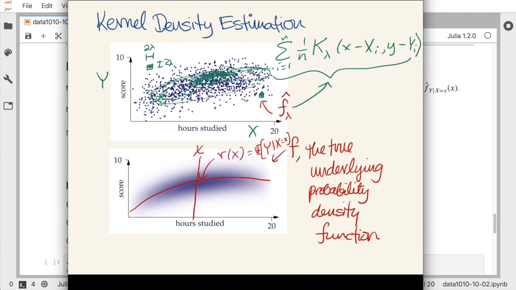So that's the expected value of y given that particular x value. And our idea based on kernel density estimation is that once we have an estimate of the density, we can just take a conditional expectation for that estimate and come up with an estimate of the regression function.